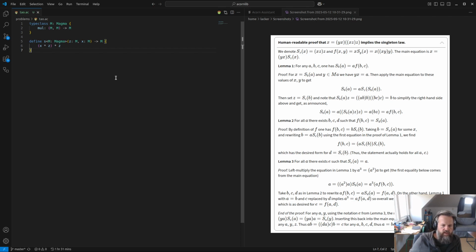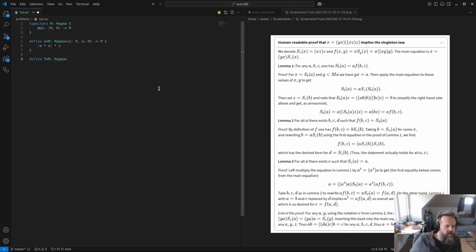And then we also define this f. This syntax here, with the angle brackets, is saying that this is a generic function that's parameterized on our magma. So f is defined as this thing, x times this stuff.